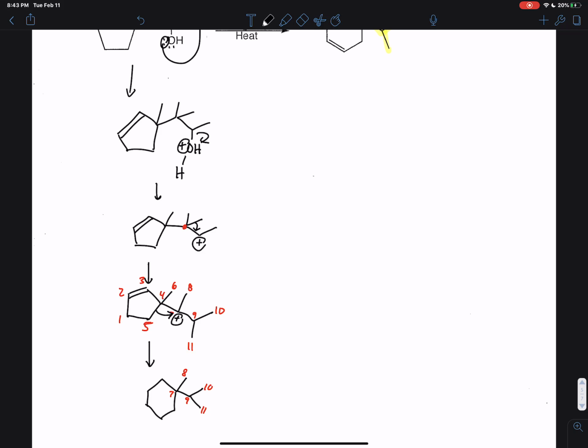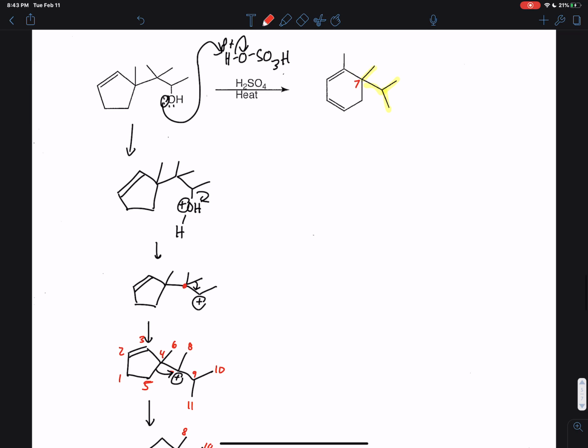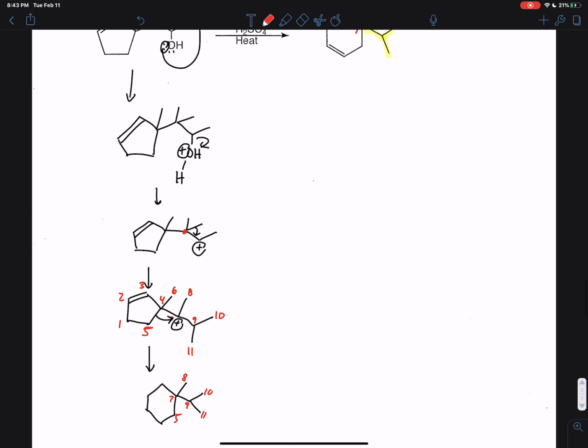Okay, and then in addition to that, let's see what else. So carbon number 7 now formed a bond with 5, right? So carbon number 7 formed a bond with 5. So we're going to put in our red pen 5, okay? And then let's see what else we have.